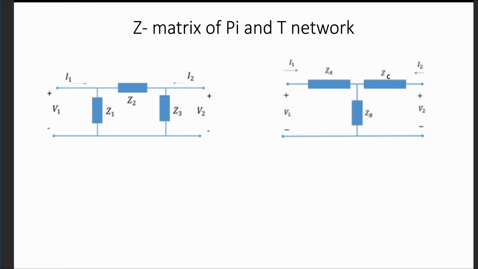Can anyone tell what the Z11 of the first network is? That is Z1. Huh? Hello?